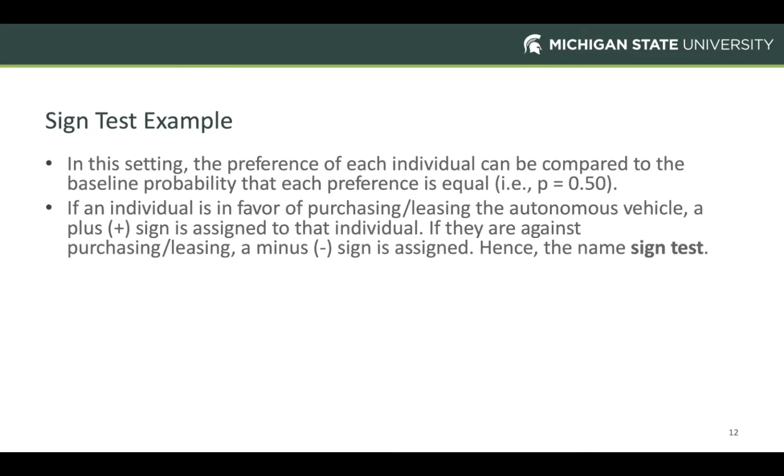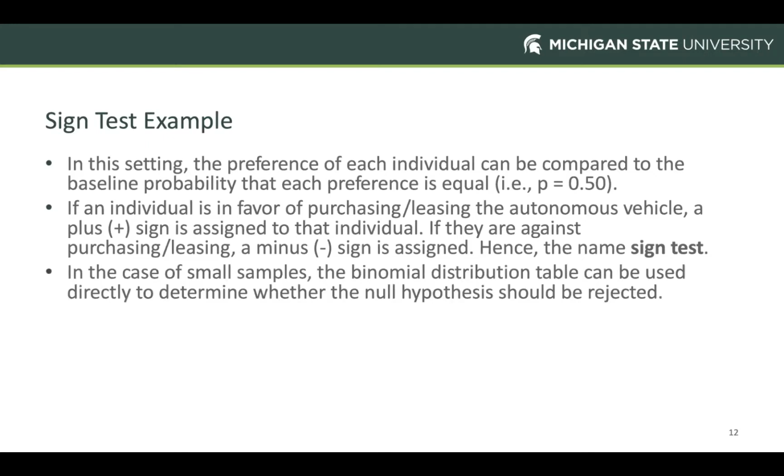And so to that end, any person who is in favor of acquiring an AV would be assigned a plus sign. Anyone who would be against that was assigned a minus sign, and hence the name in this case, the sign test. And so in the case of small samples, we can go directly to that binomial distribution table in order to make the determination as to whether or not we can reject that null hypothesis, okay?